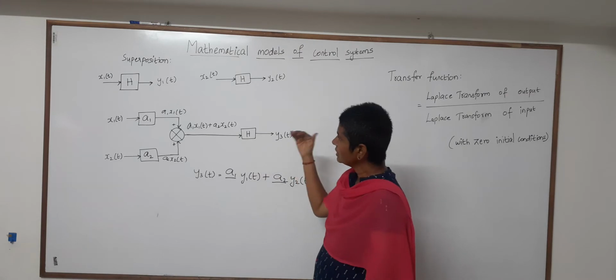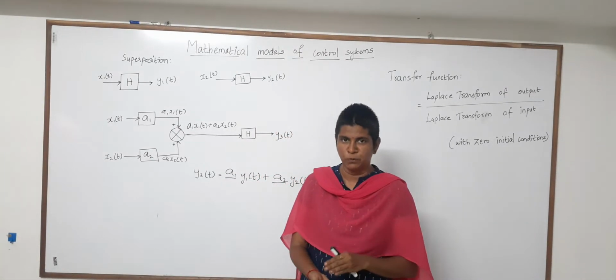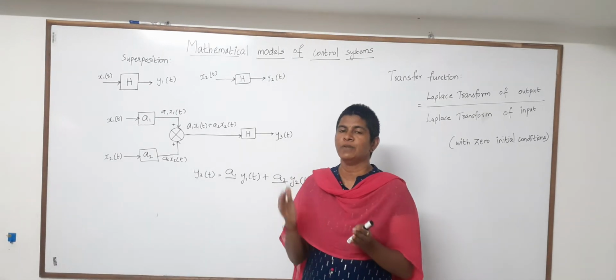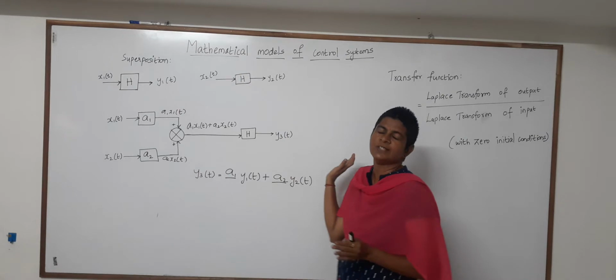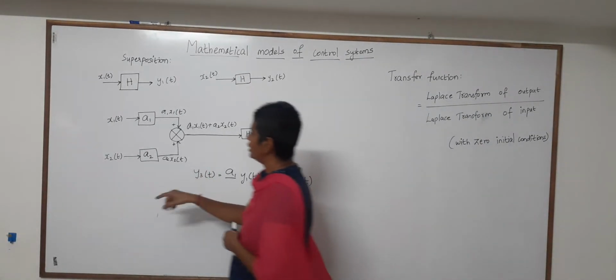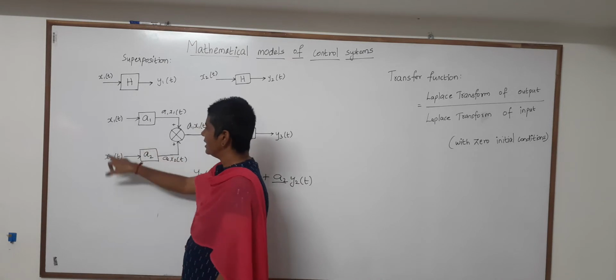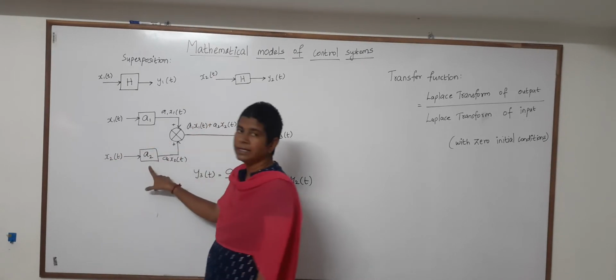Now, regarding superposition, we are going to combine these two inputs and give the combined input to the system H, and analyze what the final output value is. So, again we are taking two inputs x1 of t and x2 of t. Here I have constants a1 and a2.